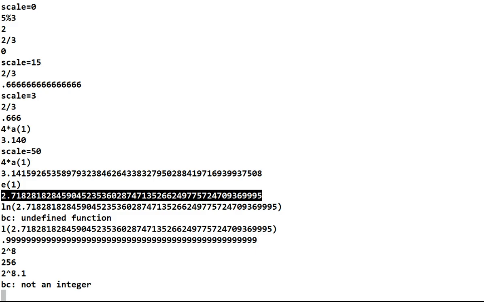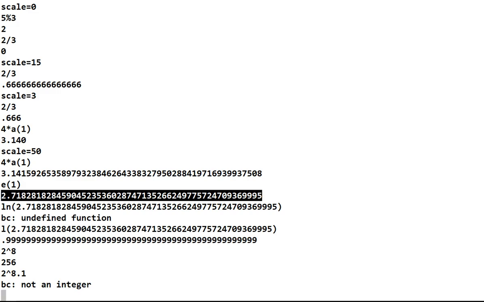Once you know that limitation, you might be a little disappointed, and you might also ask, well, what about hyperbolic sine or some other esoteric function from the mathematics classes you took, like trigonometry?